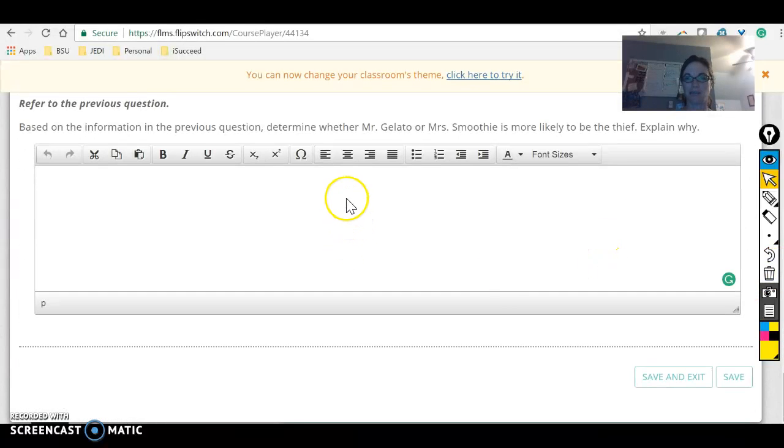So, based on the information given, is it Miss Smoothie or Mr. Gelato? And you could disagree with me on this, but I would say Mrs. Smoothie, because she was traveling at a reasonable rate of speed to make it from the bakery to her home, which was 24 miles, in 30 minutes.